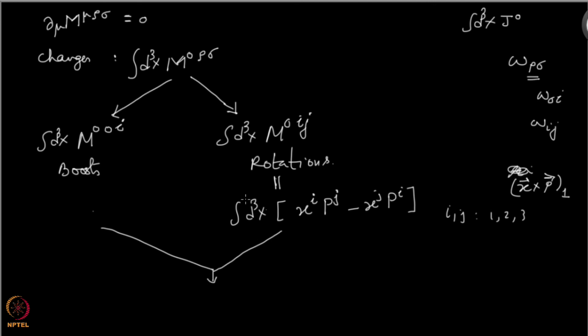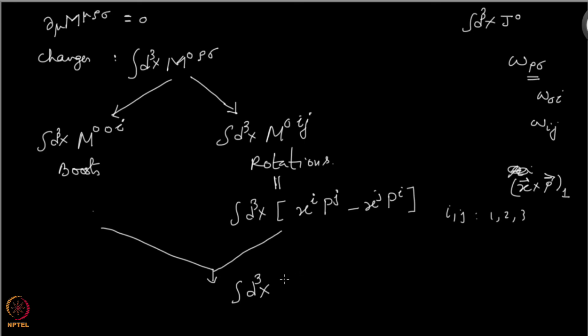If I combine these two, I expect something nice, and I can already guess what it should be. Of course, because I am asking for a charge, it will be the integral d^3x, and it has to have these two indices rho and sigma. But now I can almost guess what M^0 rho sigma would be.